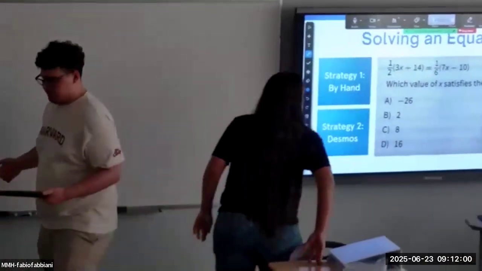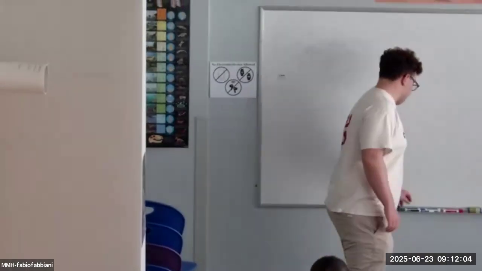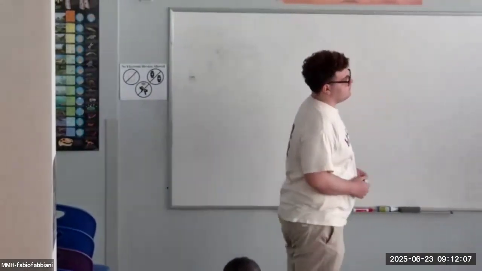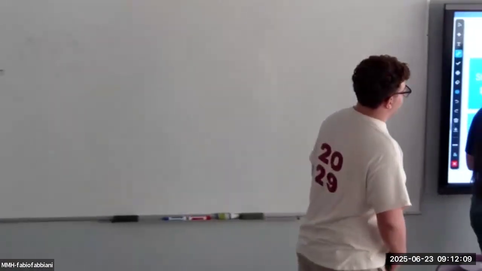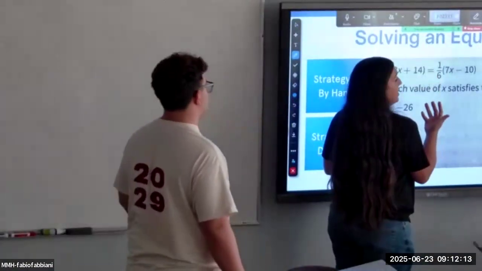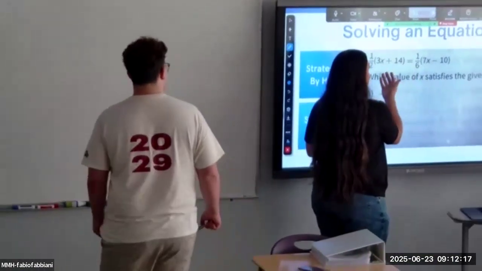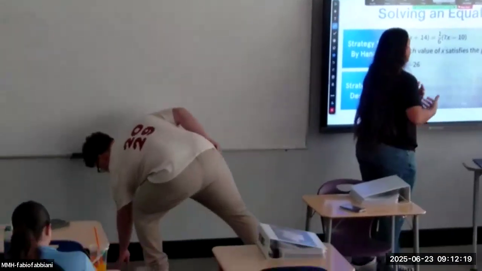So here we have things in parentheses and then we have fractions. First I would try to get rid of the fractions. I'm going to multiply by 6 so I can cancel out the fraction that has the biggest denominator. Then for the other one I'll have to multiply by a bigger number, but at least I won't be dealing with fractions.